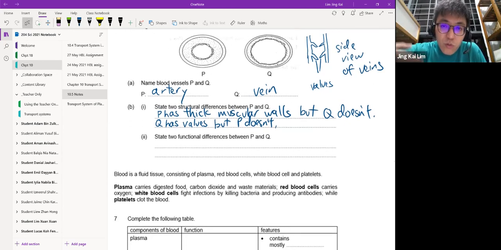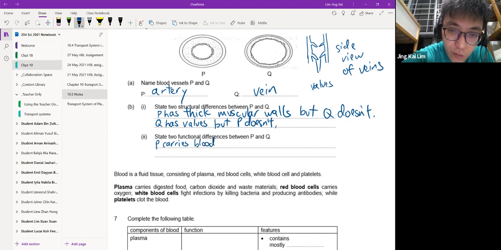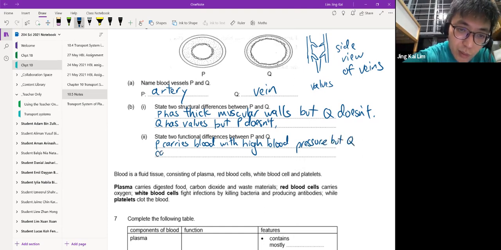Now, state 2 functional differences between P and Q. Functional means how they work. So P carries blood with high blood pressure. This is one functional difference, but Q carries blood with low blood pressure.